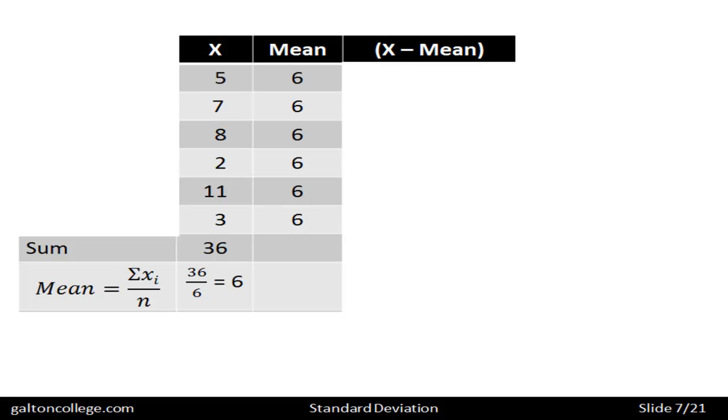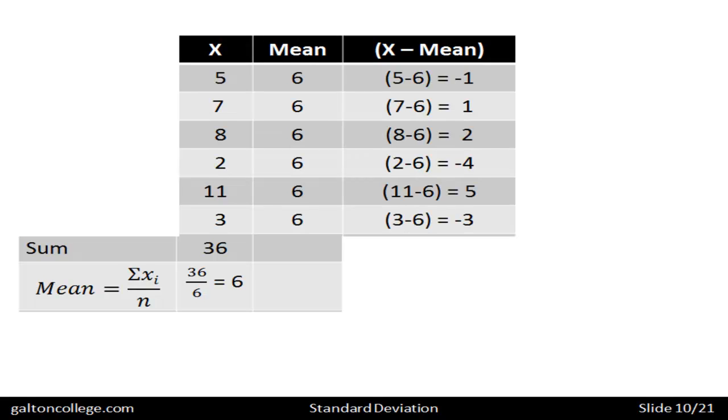Now if I take the mean away from the original value, we're going to get 5 minus 6, which is equal to minus 1. We've got 7 minus 6, which is equal to 1, and then so on. 8 minus 6 is equal to 2, 2 minus 6 is equal to minus 4, 11 minus 6 is equal to 5, 3 minus 6 is equal to minus 3.